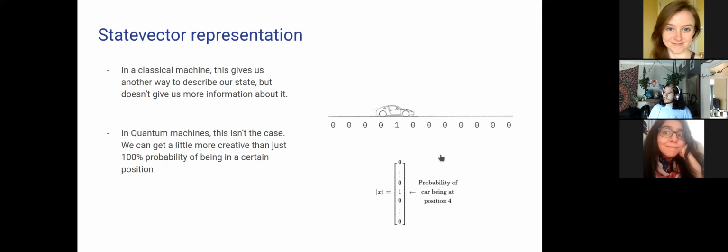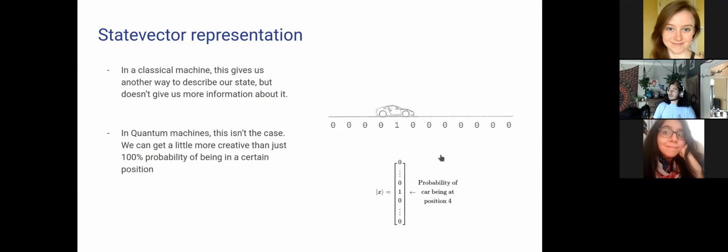And even in quantum machines, when we have this definitive 100% probability of being at a certain position, it's not super helpful. But it does set us up to begin to think about how to work with more complex state vectors that hold more than just 100% of being at position 4. If we had a state vector that talked about all these positions, each with an equal probability of being measured, then we could begin to do operations on this state vector, on this car.